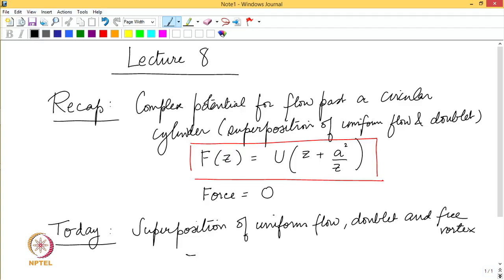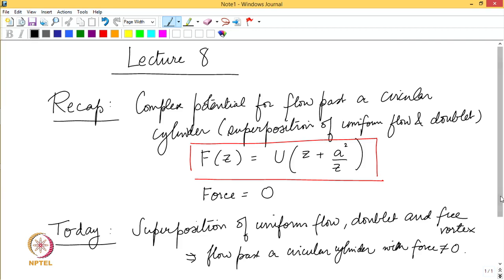Alright. So, the agenda today is to look at superposition of uniform flow, doublet and free vortex. What we will show is that this will give us flow past a circular cylinder with the force now not being equal to 0, or having some finite value.